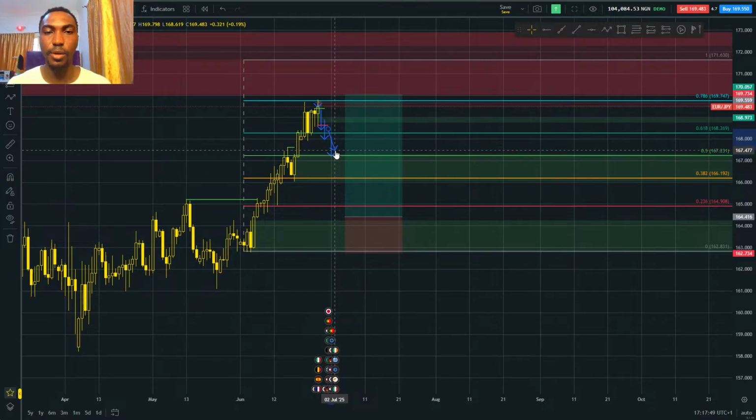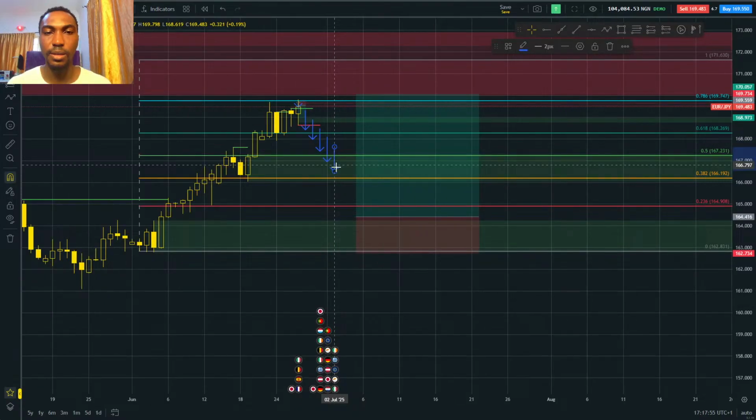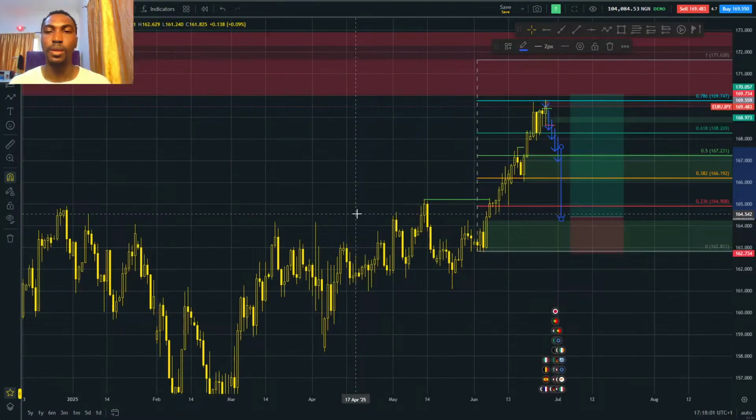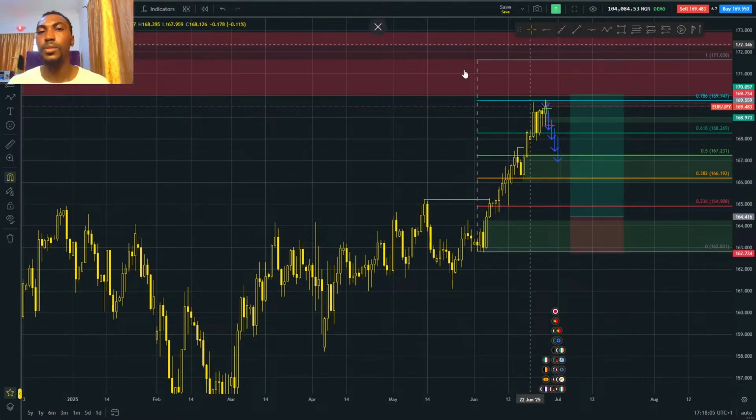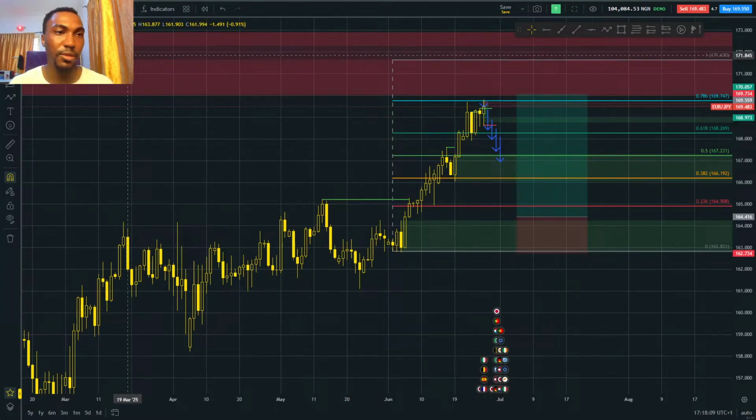Your entire hope is completely in this one space here, not even this one, this one. So daily time frame traders, you don't have a say here.